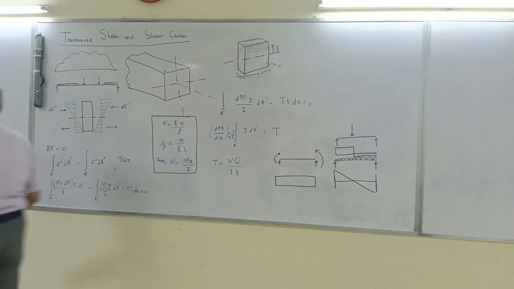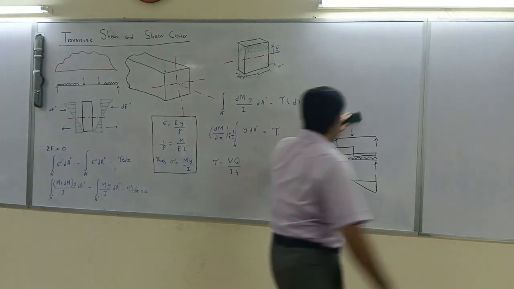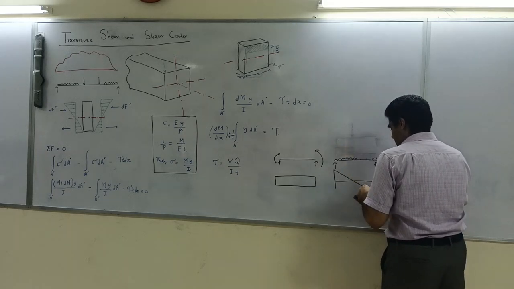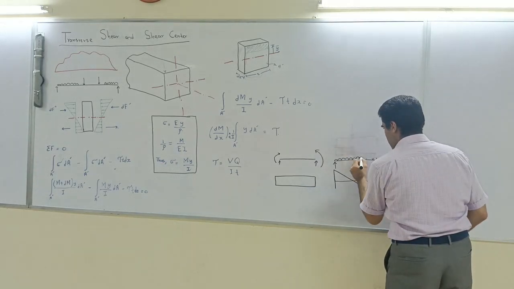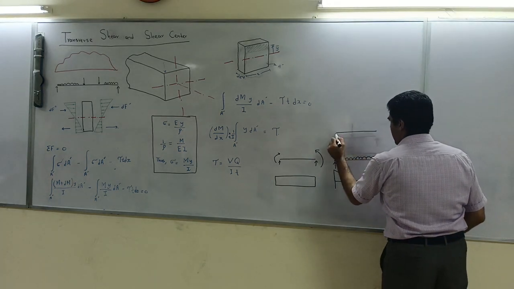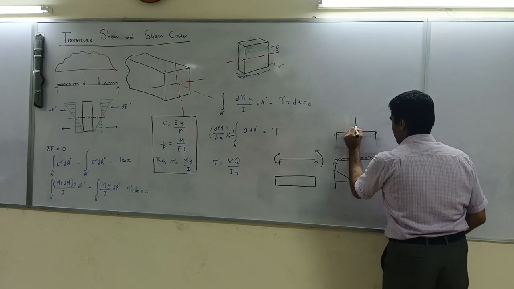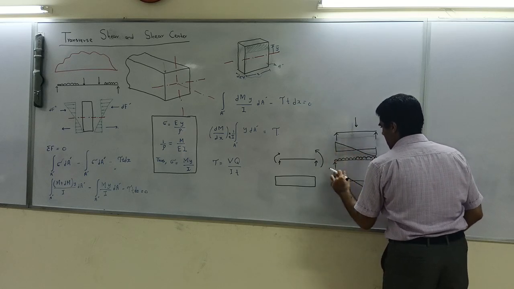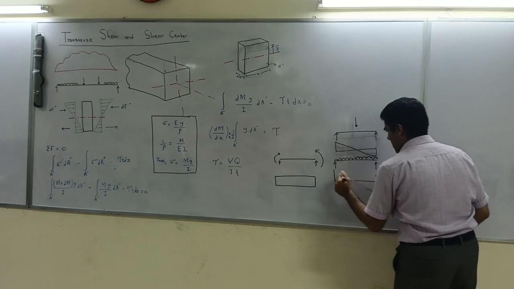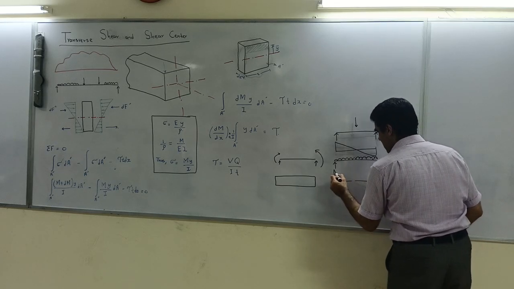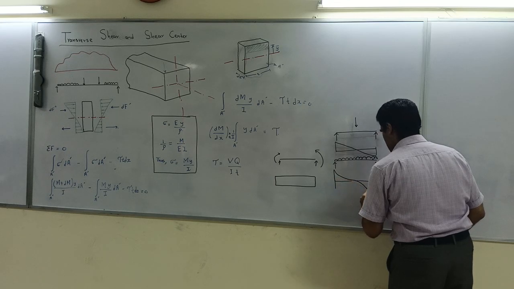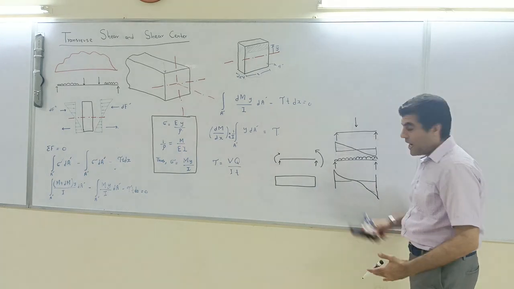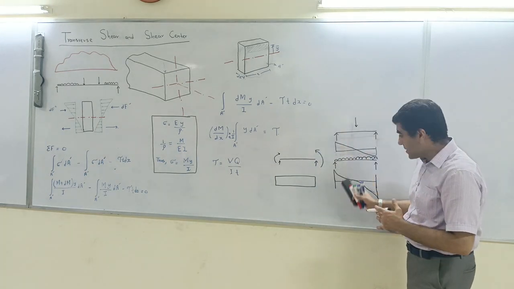In the case of concentrated load, I'm drawing the shear force diagram. Now I'm drawing the bending moment diagram. So I've got a load like this, and this is the curve. Okay. So my point is that under different load conditions we have this variation.